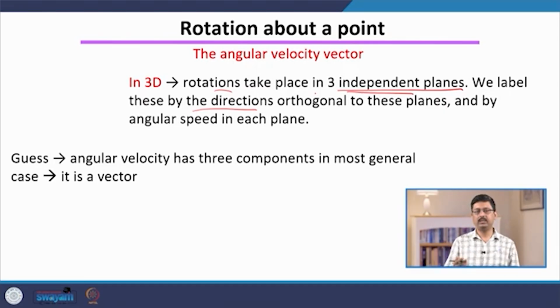So, you have to specify the angular speed in each of those planes. There are 3 planes, so there are 3 possible angular speeds. That means we can guess that in 3D, to describe the angular velocity in the most general case, we need 3 components. That tells us that angular velocity is a vector.